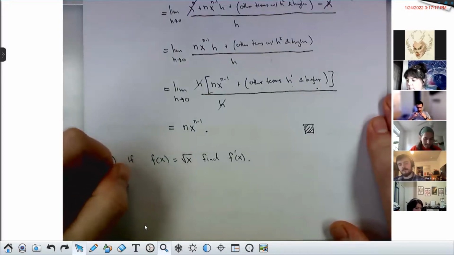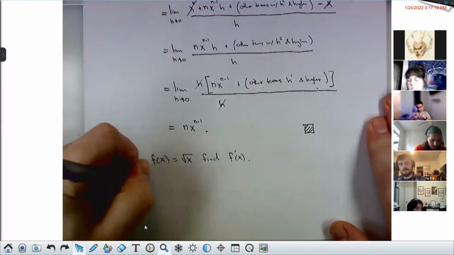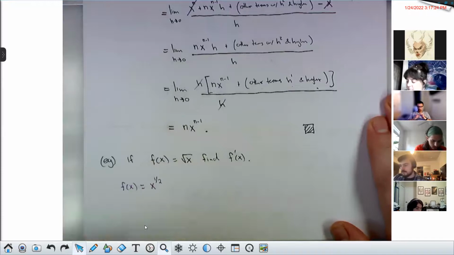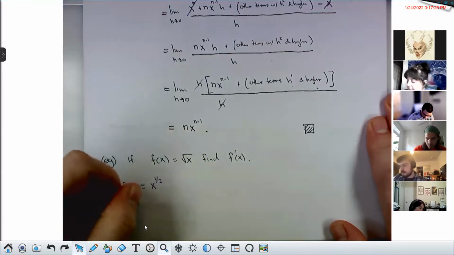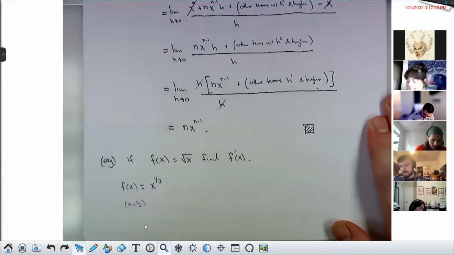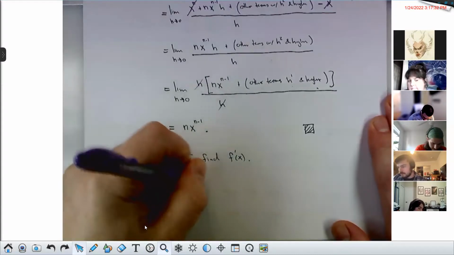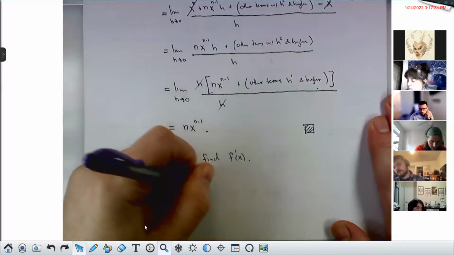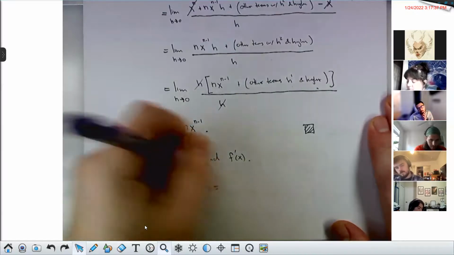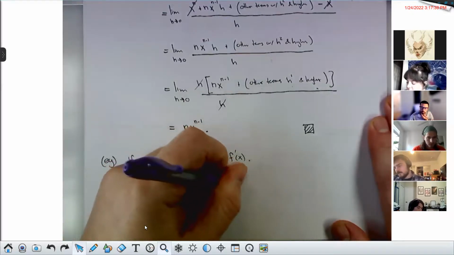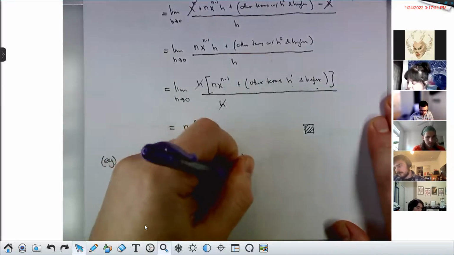f of x is x to the 1/2. So n is 1/2. Which means by the power rule, f prime of x should be 1/2 times x to the 1/2 minus 1.